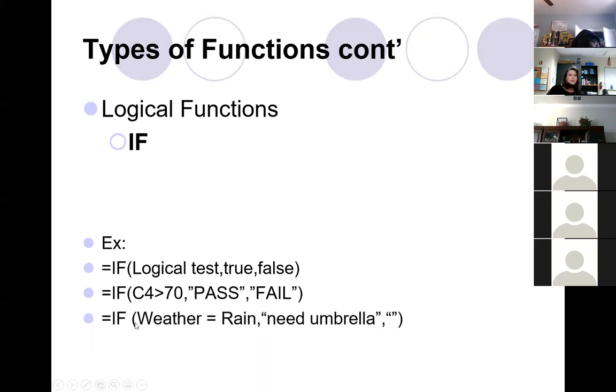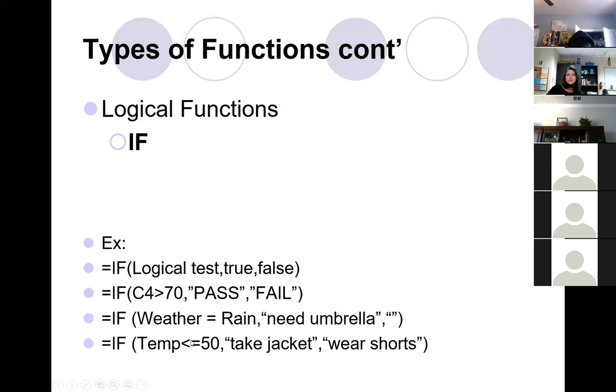Okay? So if the weather equals rain, I need an umbrella, right? Those kind of logical questions. If that's not true, if the weather doesn't equal rain, I don't need anything. And I'm just going to put that, see right here, it just has two sets of quotes. That means it'll just show up blank. Okay?